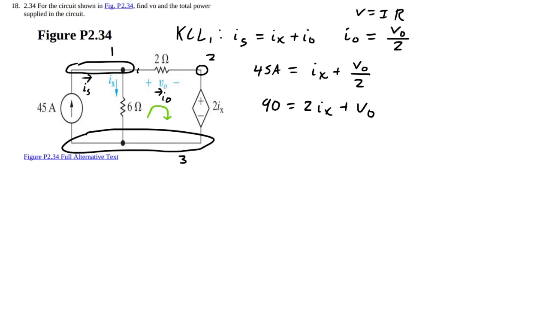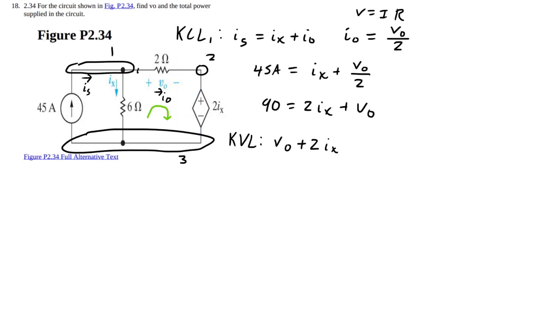So anyway, we're going to do KVL. So you have VO and then 2 times IX. That's the voltage drop across the resistor there. Or sorry, that's the voltage right here.